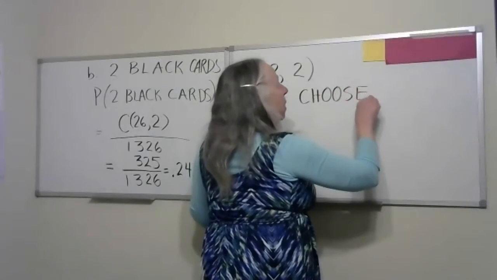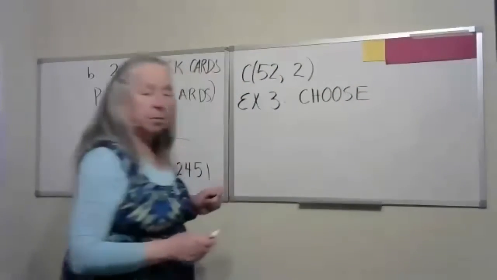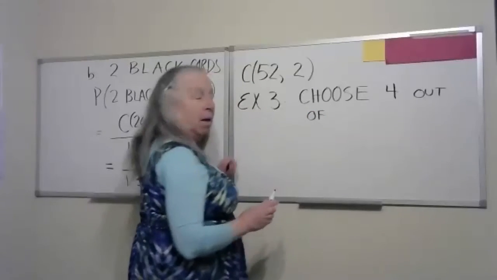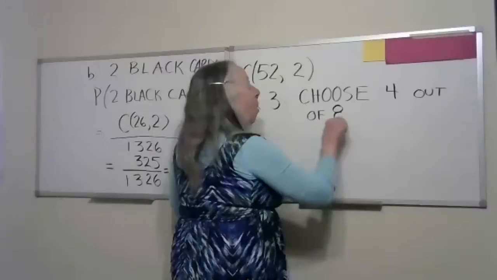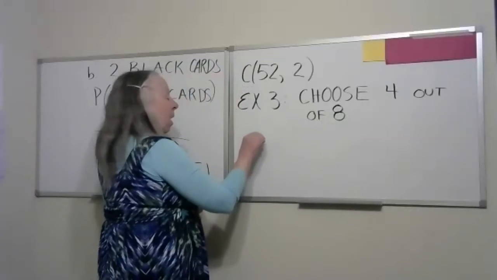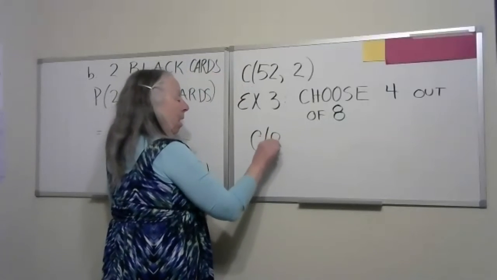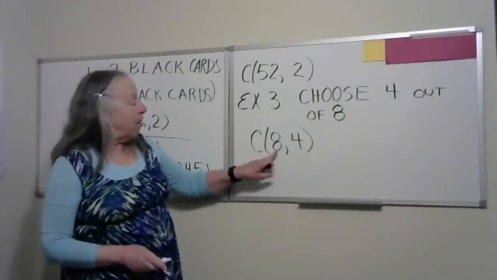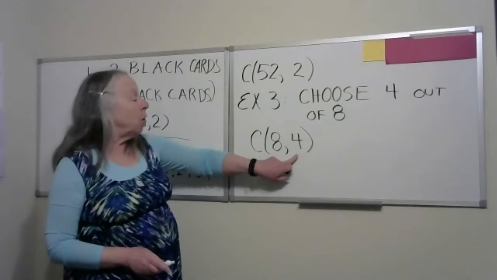How many marbles are we choosing? 4. Out of how many? 8. Okay. So our denominator is going to be: we have 8 objects and we're going to choose 4.